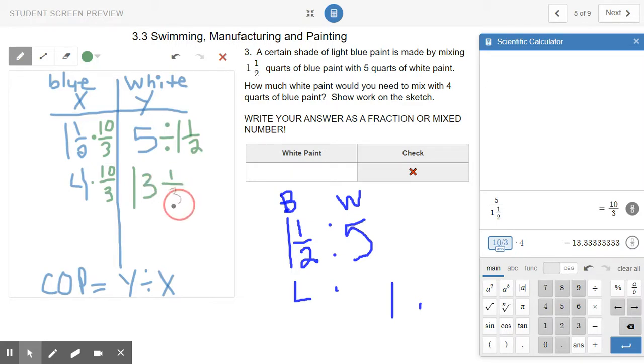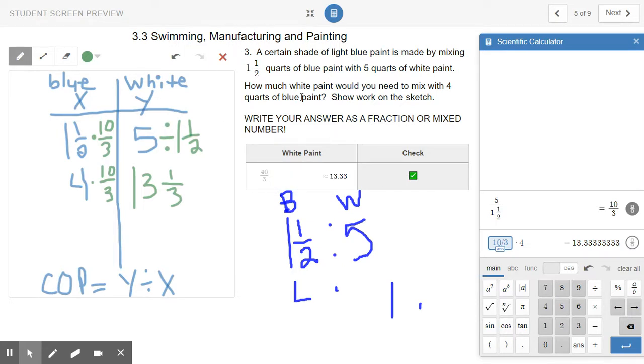So I'm going to write 13 and 1/3 as my answer. And I'm going to show you, if I were to put in that decimal, it doesn't count it correct because this isn't technically right because these 3's go forever. But if I write 13 and 1/3, there we go. We get that right. Or you could have written 40/3 and it's still right. Okay.